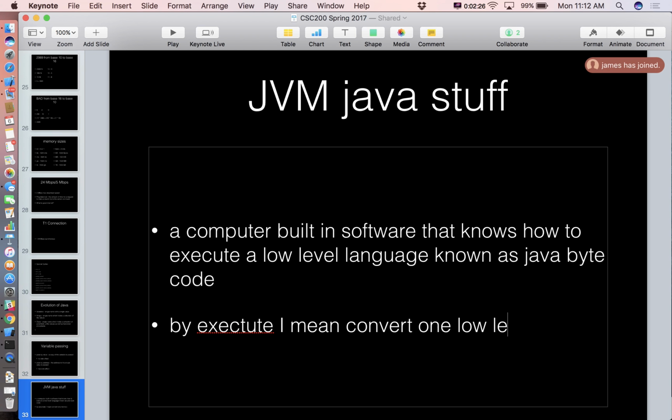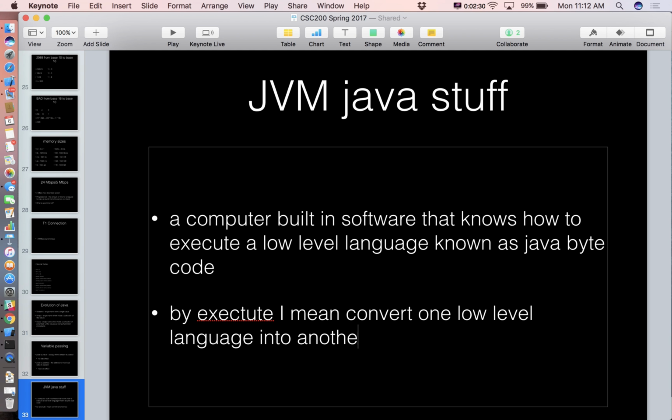it converts one low-level language into another low-level language. That is Java bytecode into native assembly for that operating system and architecture. So Windows/Intel assembly language, or the example we looked at was a Linux hello world, right?